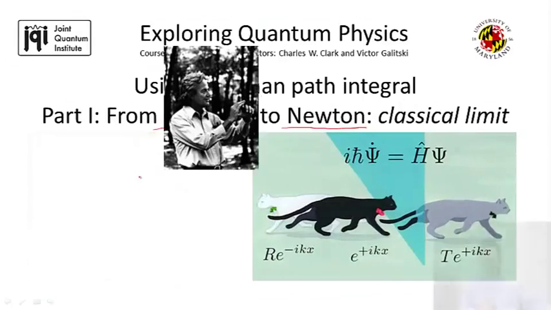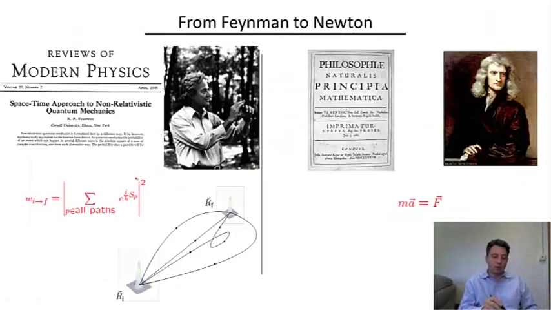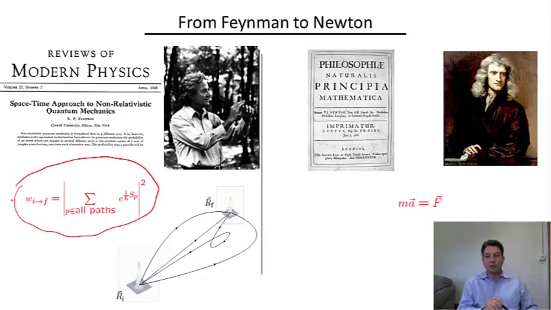So more precisely, I'm going to start with an expression that we discussed in the previous lecture, which tells us that the probability of a quantum particle to go from an initial point r sub i to a final point r sub f can be written as the absolute value of a sum over all classical trajectories, which symbolically represents what we call the path integral, of these individual quantum mechanical transition amplitudes.